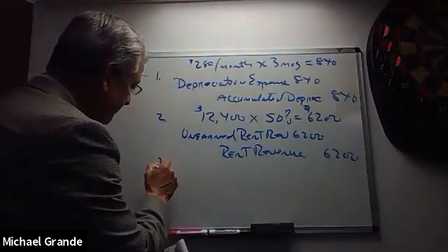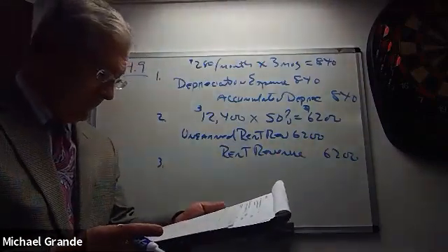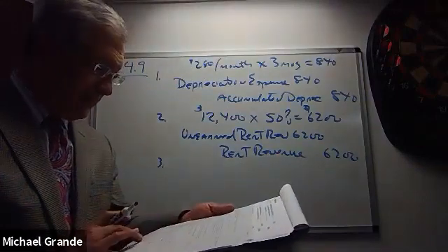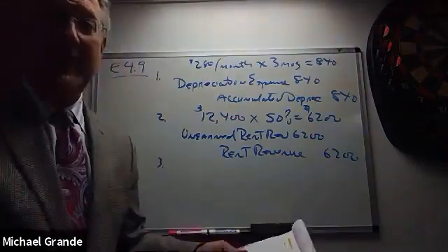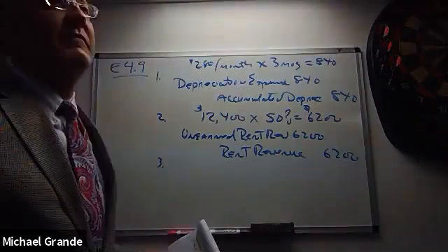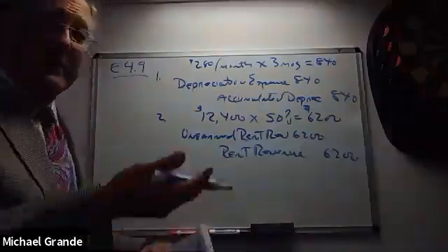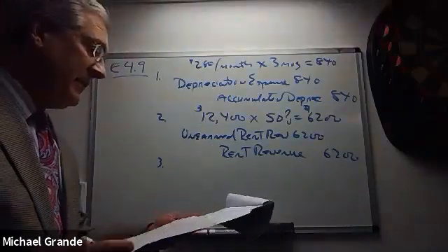Item number 3 says, interest of $400 is accrued on the notes payable, accrued interest. So they've incurred some interest expense that they have not paid for yet. So we're going to increase the expense and also increase a liability there.